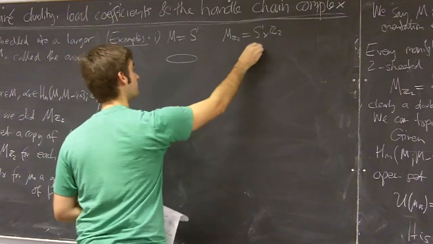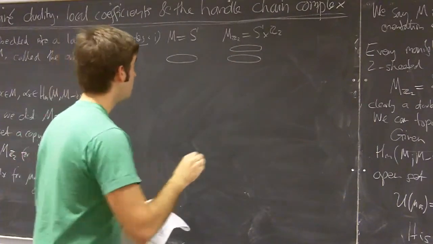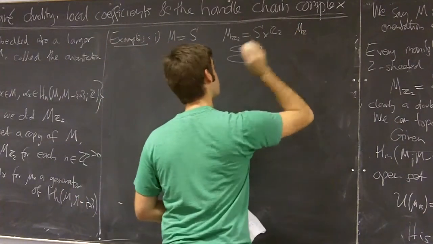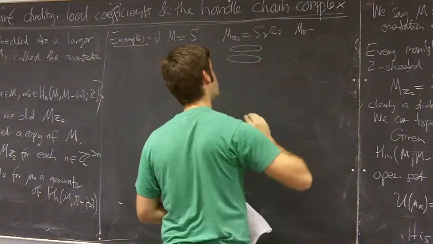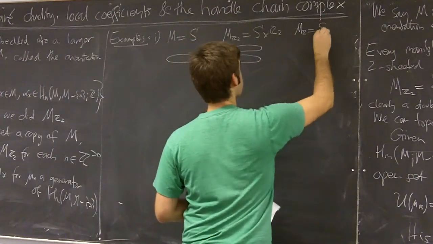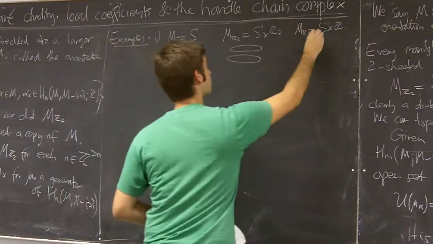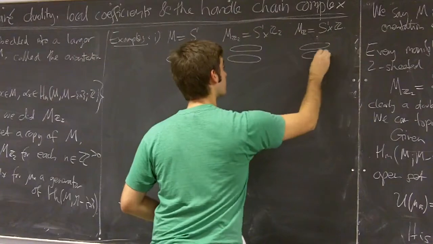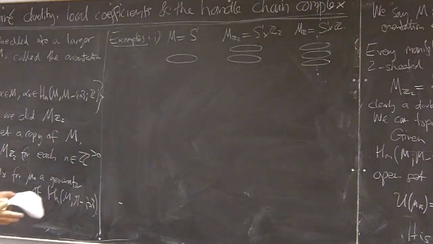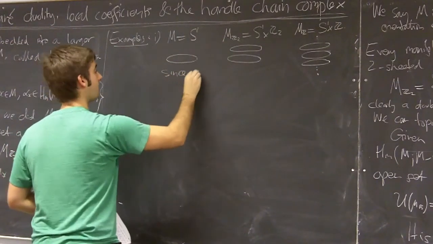It's orientable, so we just get this 2-sheet cover. And then again, this cover with fibre Z is just going to be S1 cross Z. It's just a product. So we get one copy of S1 for each integer. This is all because M is orientable.